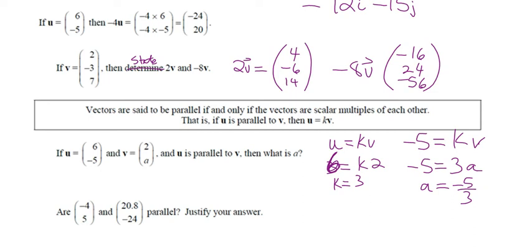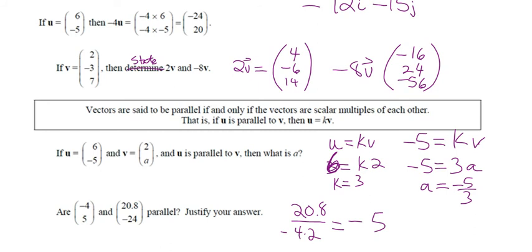Are negative 4.5, 20.8 and negative 24 parallel? If they're multiplied by the same thing, they are. I need a calculator. Negative 4.2?